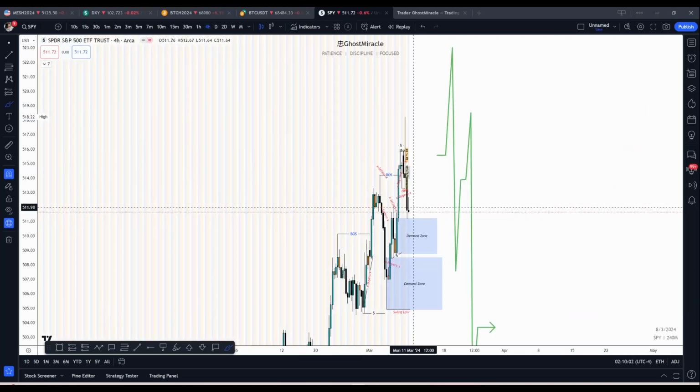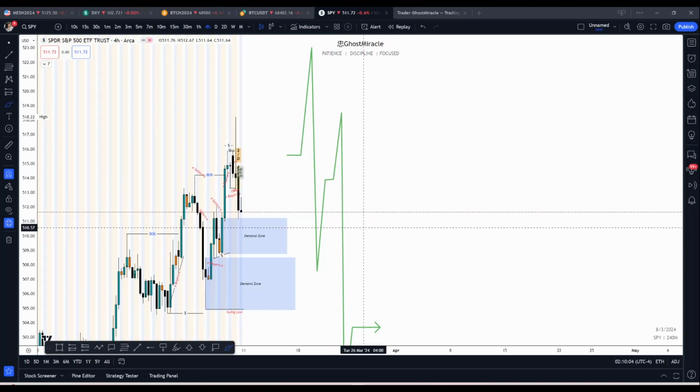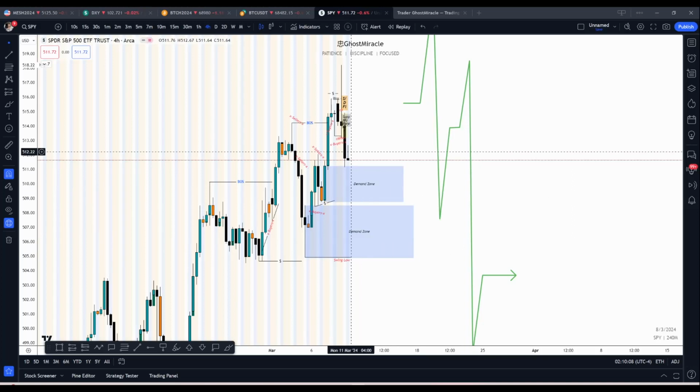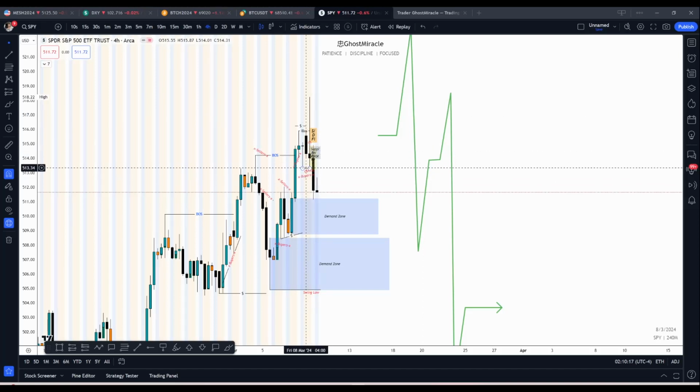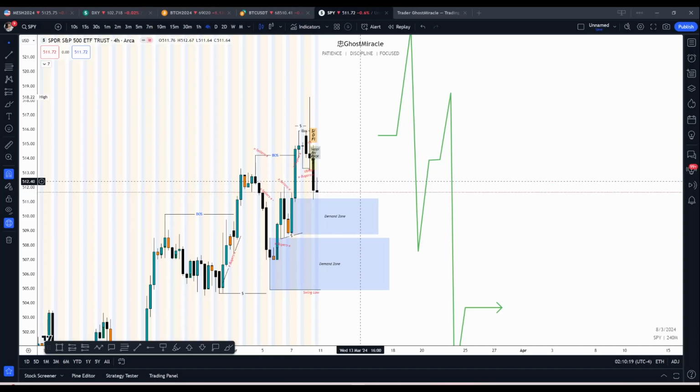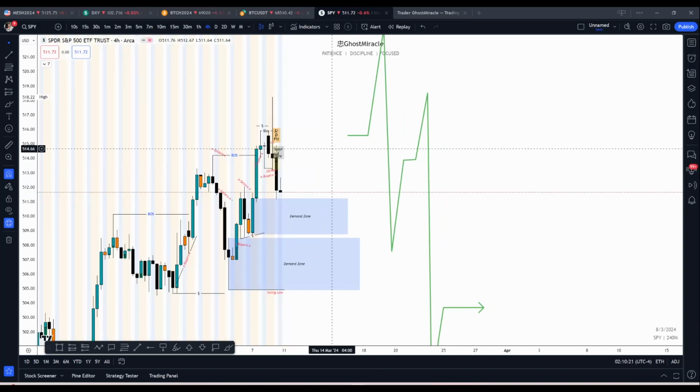Just for the simple fact that you don't know what price intentions is completely, right? Especially if you have a change of character, internal breaker structure, and all that good stuff, and then it's tapping into your demand.